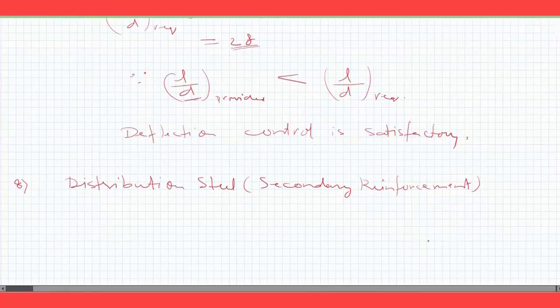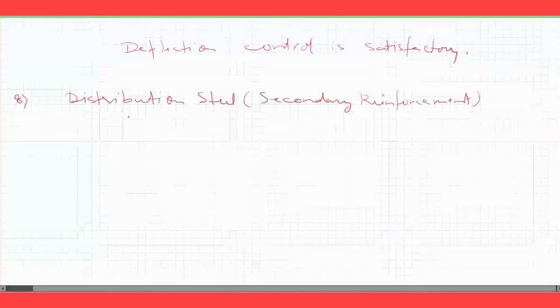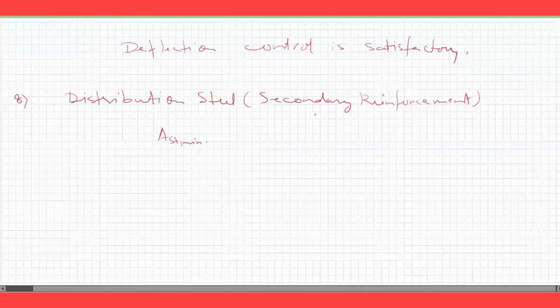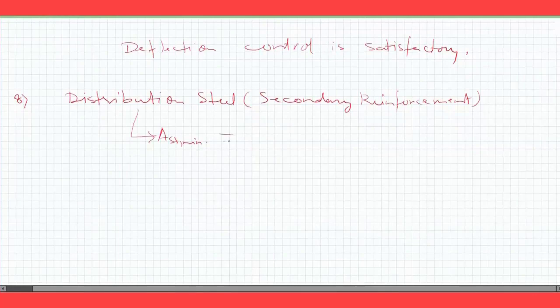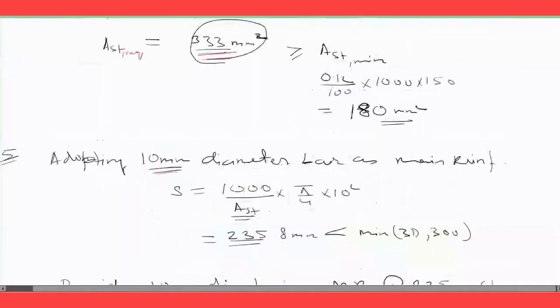So how do you provide distribution steel? Distribution steel is actually minimum steel. Okay, which you provide, that is equal to your minimum steel. And we had computed this minimum steel. You remember, when we were computing AST required steel, we always wanted the required steel to be more than minimum steel. And the minimum steel, how much did you get? You had got 180 millimeter square.